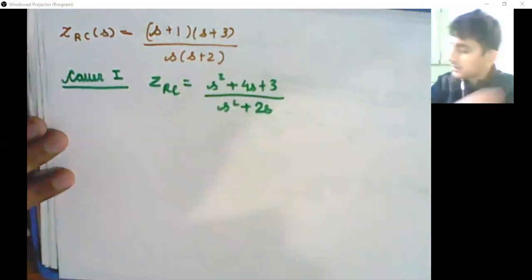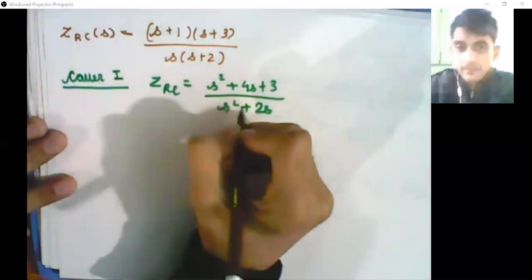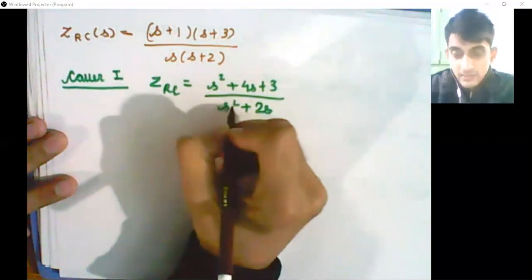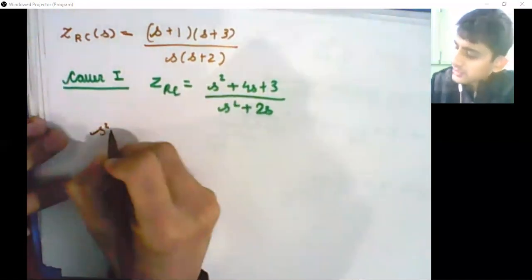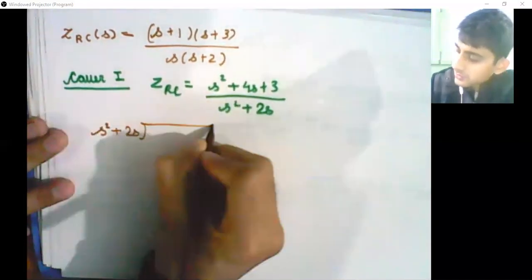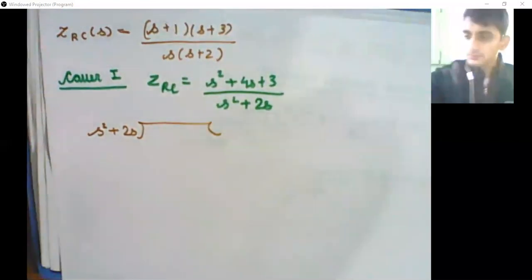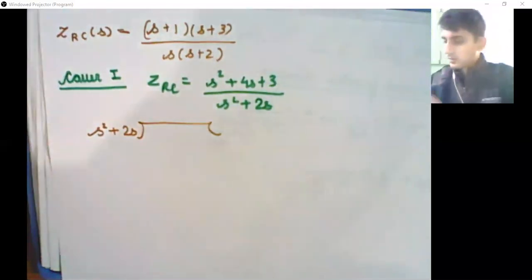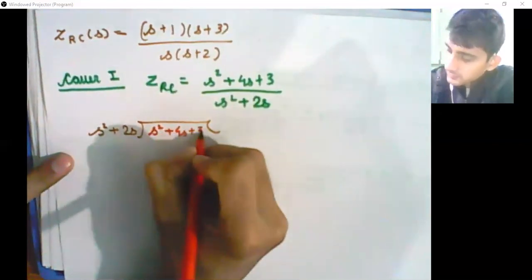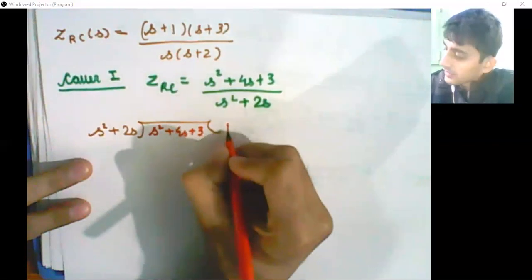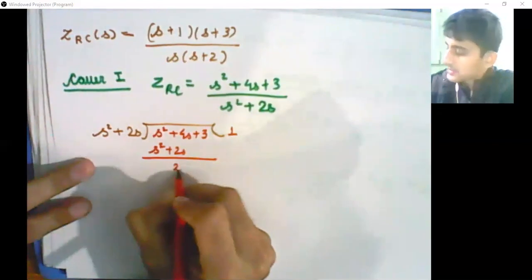You can see over here that the degrees are the same, right? So because the degrees are the same, we can directly do continued fraction. Dividing s square plus 4s plus 3 by s square plus 2s, if you take only 1, this becomes s square plus 2s, and you get the remainder 2s plus 3.